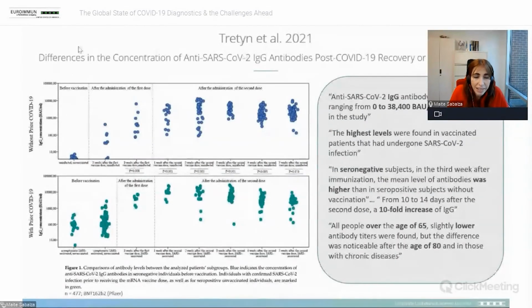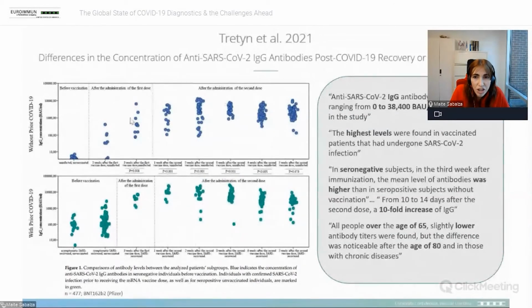In these two graphs, we can see the IgG concentration. On the top graph in blue, we have patients that received the vaccine but were not infected before with SARS-CoV-2. In green, we can see patients that were infected with SARS-CoV-2 and then got vaccinated. On the x-axis we have different groups: unvaccinated and different time points after the first dose and after the second dose, and the same for patients with a prior COVID-19.